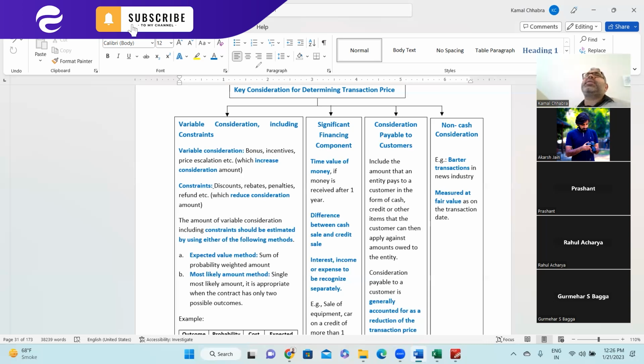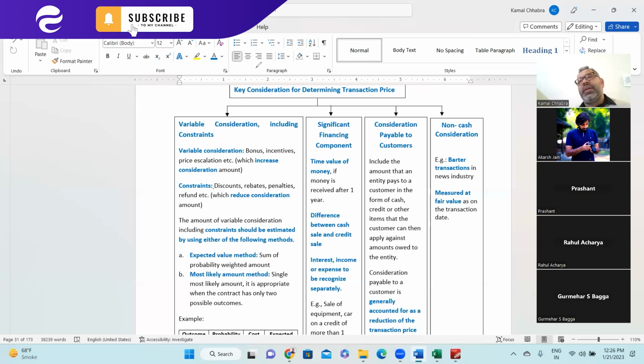And let's assume the interest rate in the market is 5%. And Ayush has given credit for a year. That means Ayush is not making any money. Whatever money Ayush is making is just 5% interest on $100,000. So it represents a significant component as financial support which Ayush is providing to Rahul.